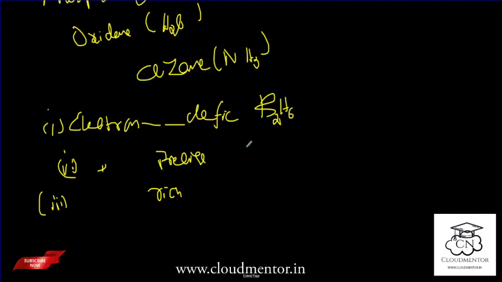Electron precise hydrides are formed with elements of the 14th group, for example CH4. Electron rich hydrides are formed with elements of the 15th, 16th, and 17th groups, for example H2O, NH3, and HF, and so on.